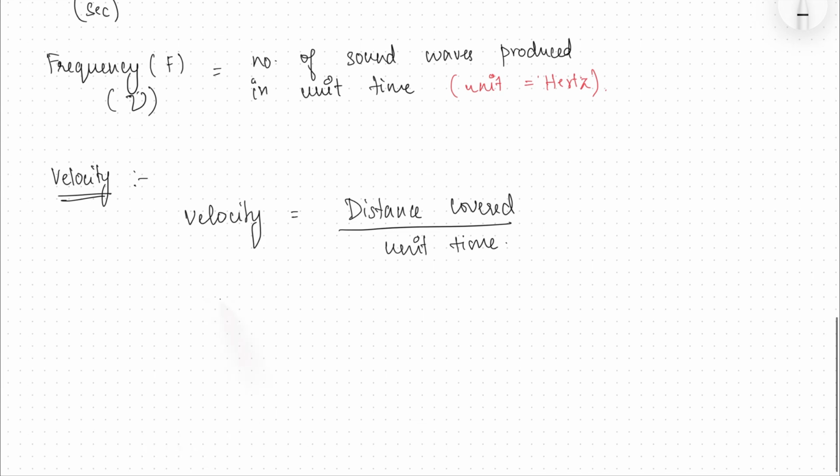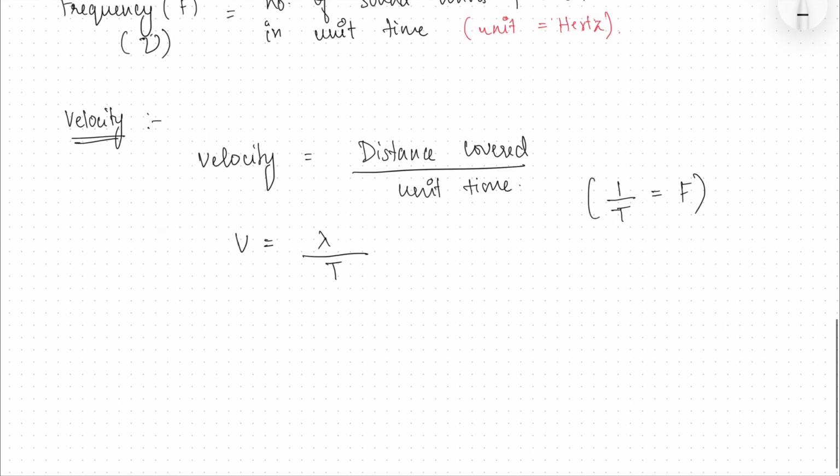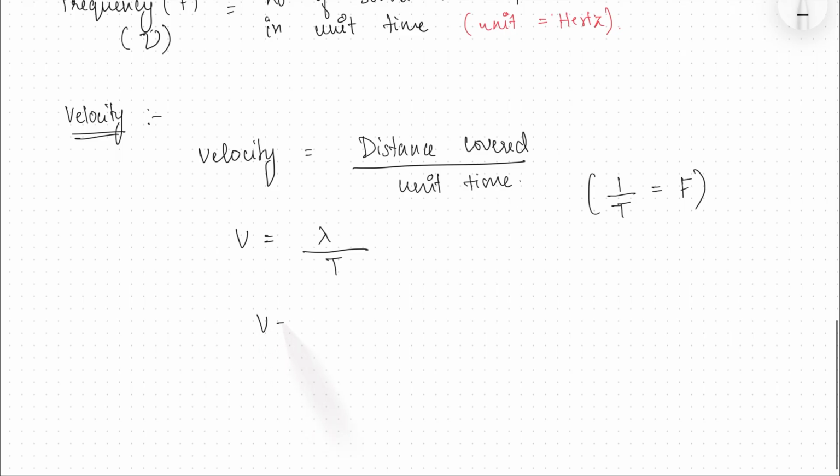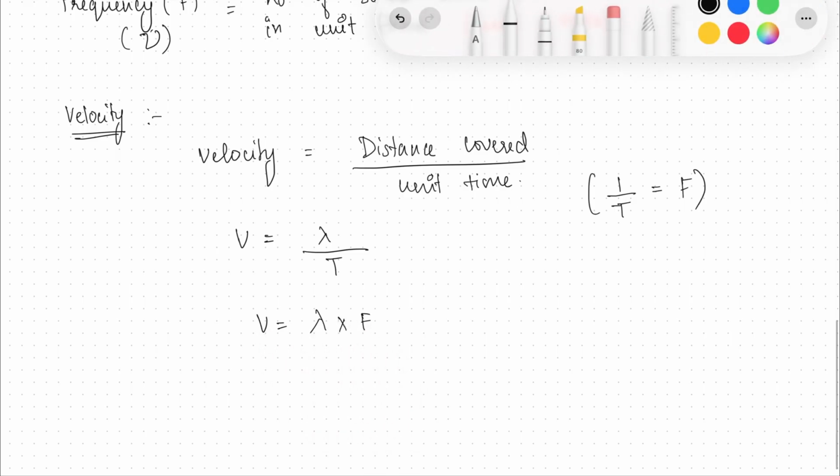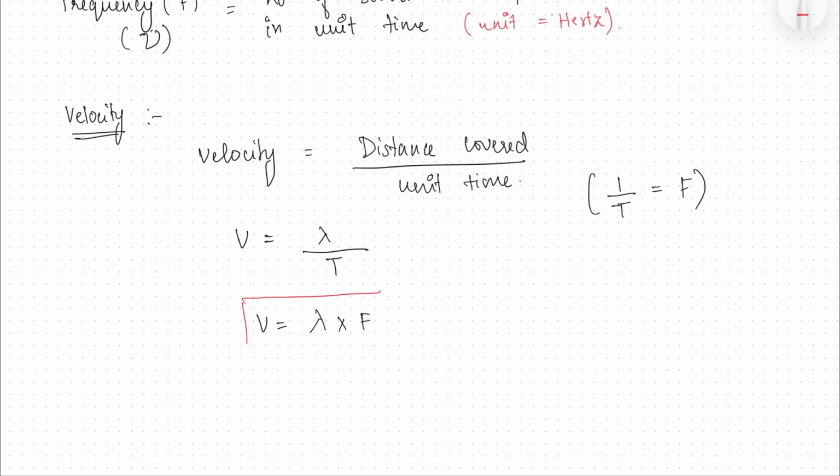So your v can be written as lambda by unit time taken, so t. And 1 by t is your frequency. It has a relation like that. So here you can write v is equal to wavelength into frequency, v = λf. And this is known as the wave equation. It is common to all sorts of waves, not just sound waves. So this is your wave equation.